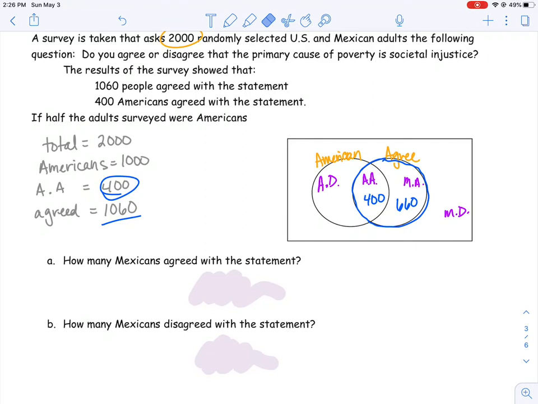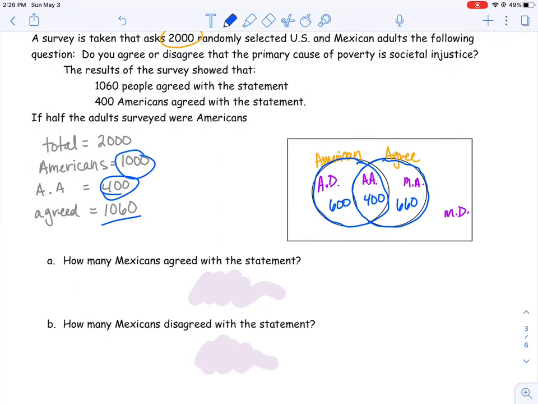All right, so let's see. How many Americans were there in this survey? We said 1,000, but be careful. If this is my American bubble and I already have 400 people there, then how many would be on the outside of that bubble? Only 600, right? So there's still a total of 1,000 Americans in the survey. Okay.